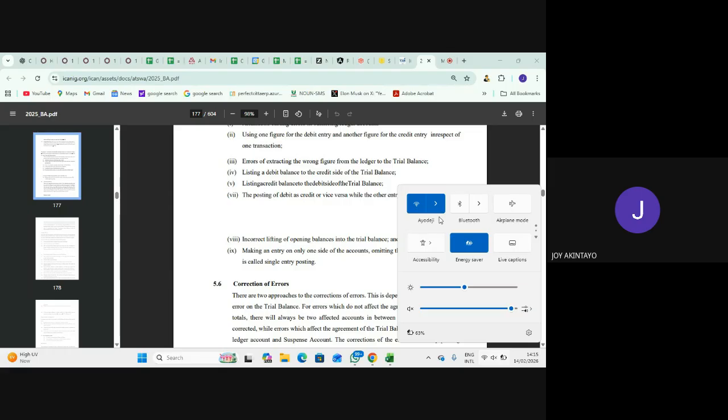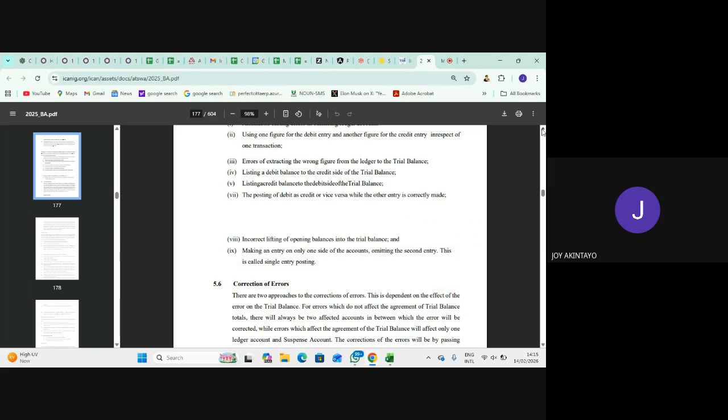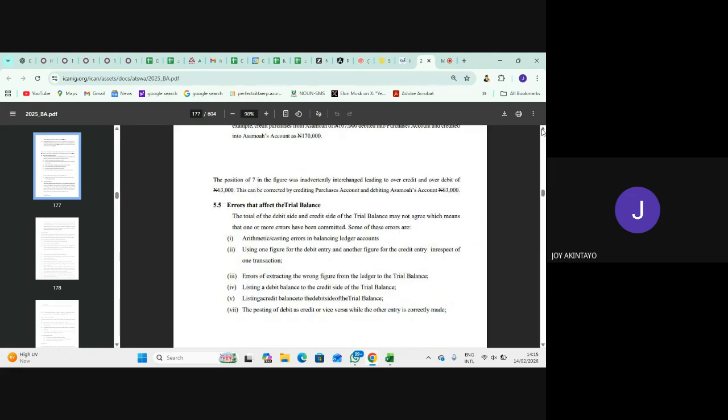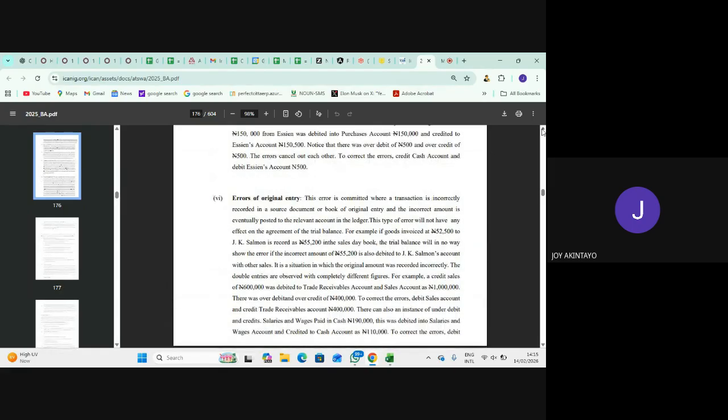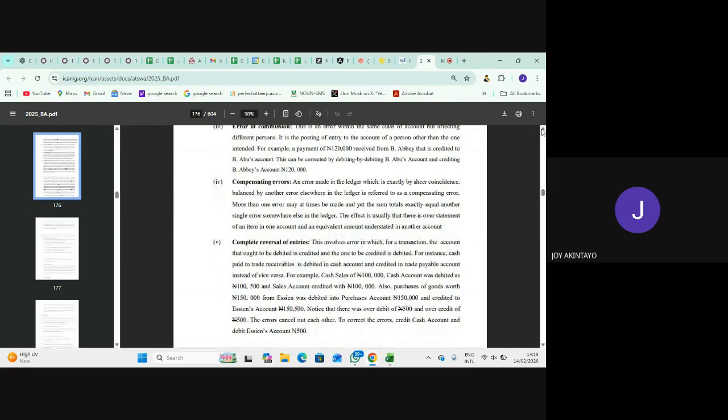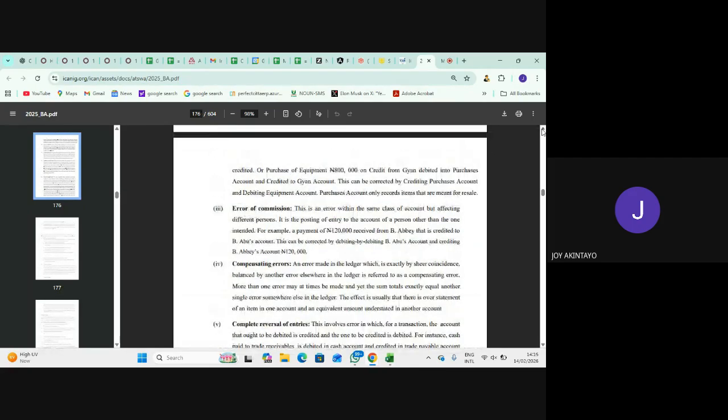So now let's quickly explain the errors that do not affect your balance, then move to errors that affect your balance, then raising of suspense accounts, without wasting much of our time.